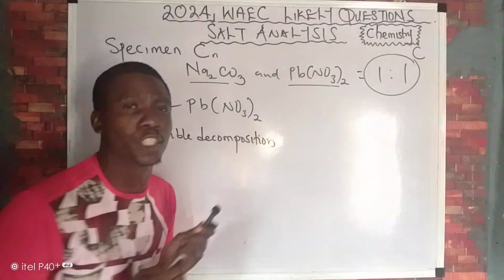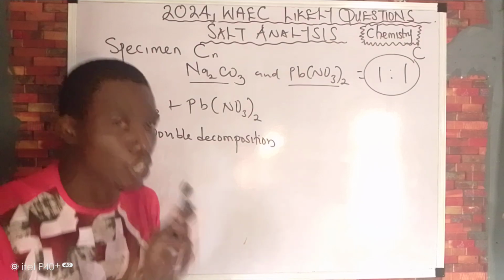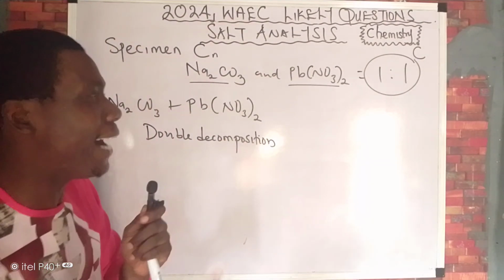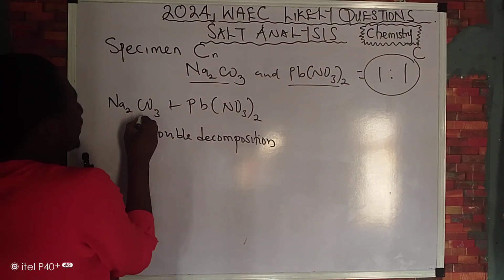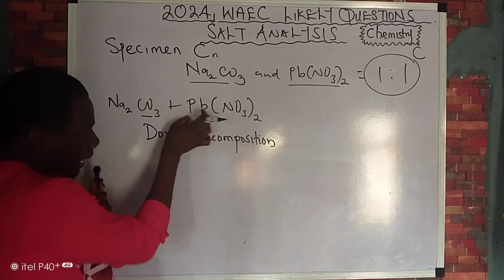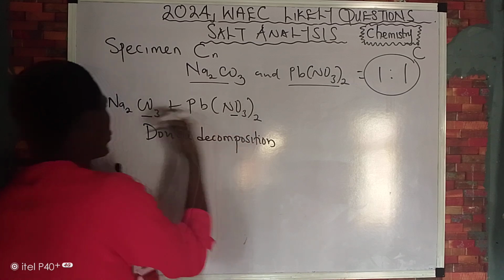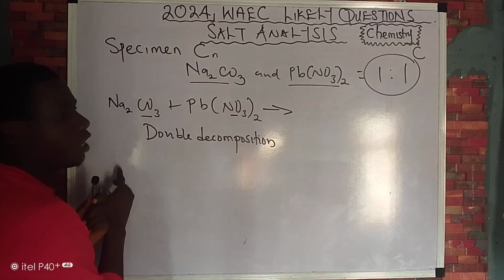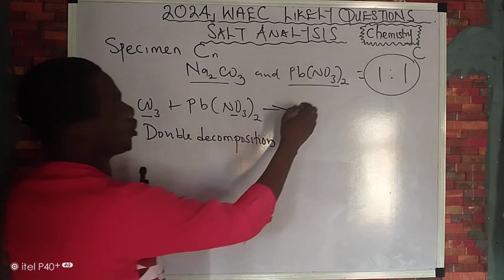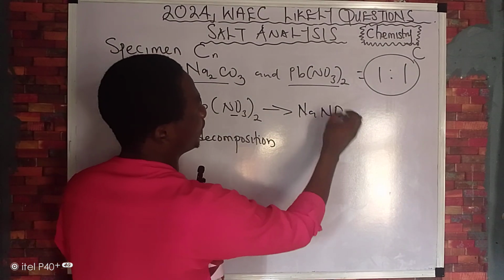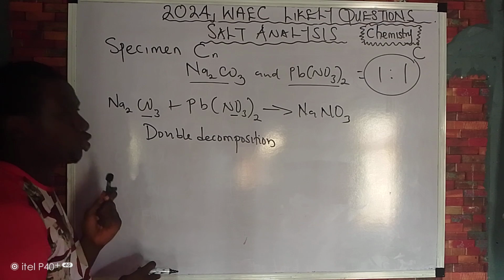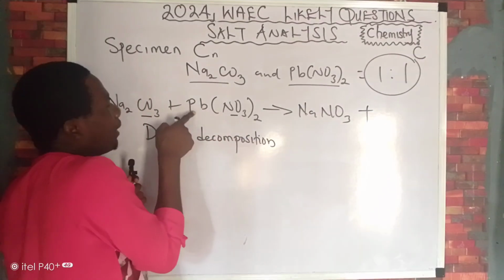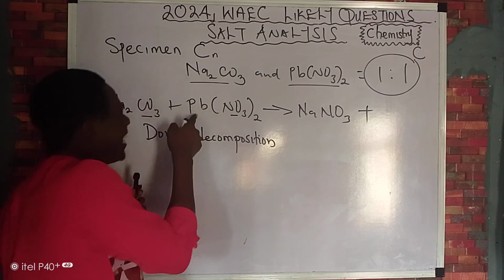Double decomposition is the process by which two reactants react by exchanging their radicals. That is to say, the carbonate will switch to the lead, while the nitrate will switch to the sodium. So instead of sodium carbonate, it will become sodium nitrate. Then instead of lead nitrate, you have lead carbonate.